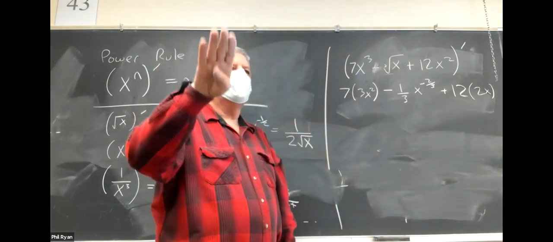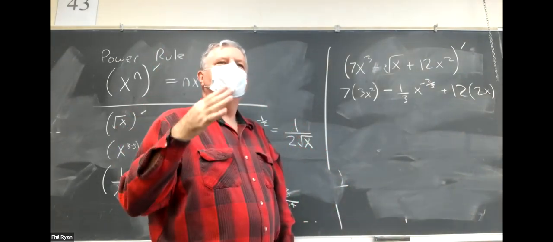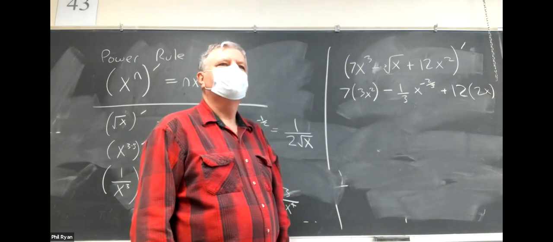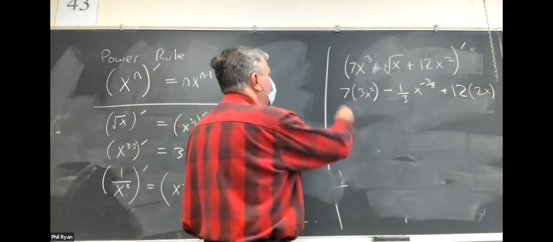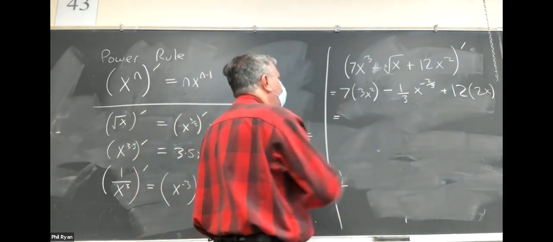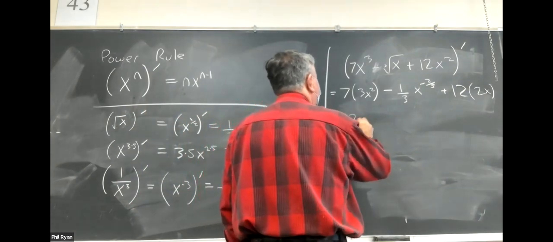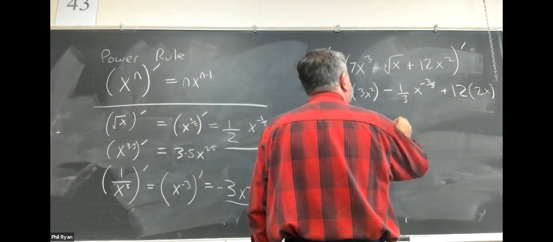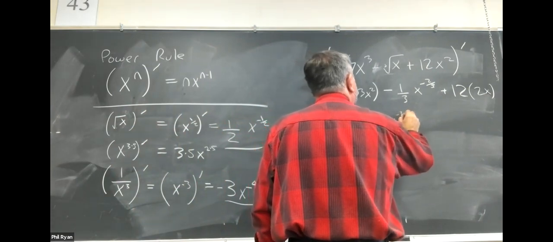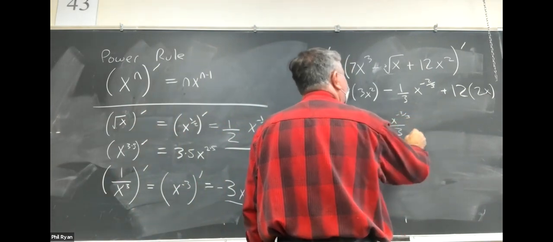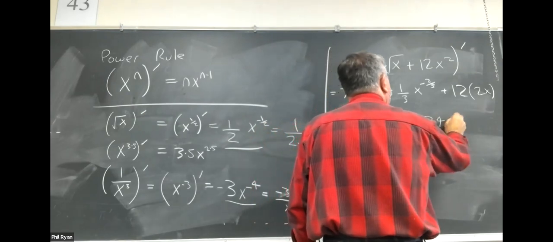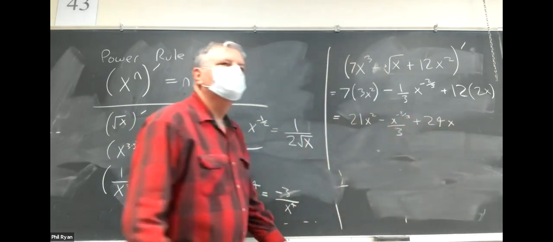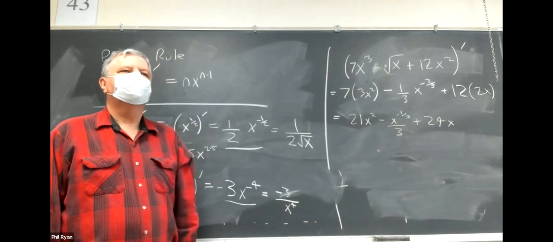So you just break it up into its parts, and you take the derivative of each part. And so the last step would be just kind of like a tidying up. 21x squared minus x to the minus 2/3 over 3 plus 24x. That would be your answer.